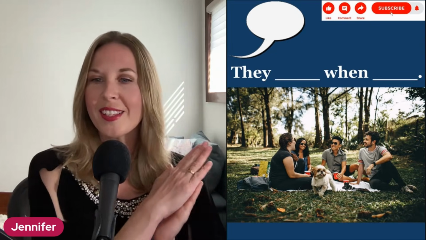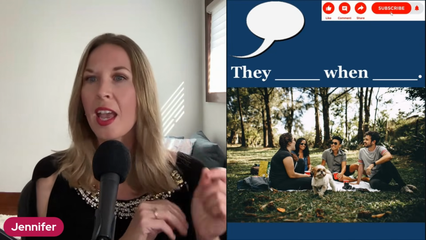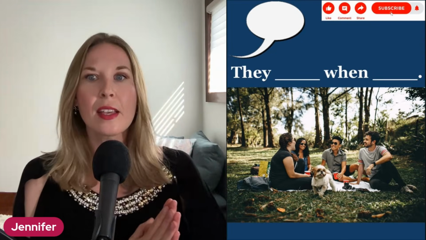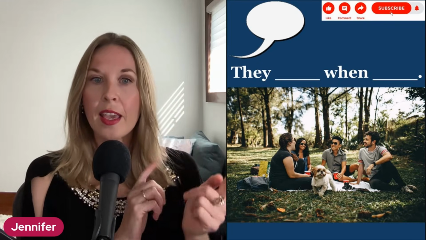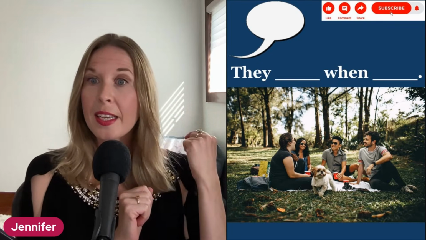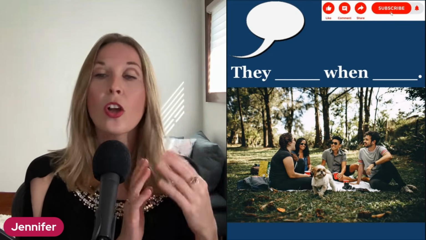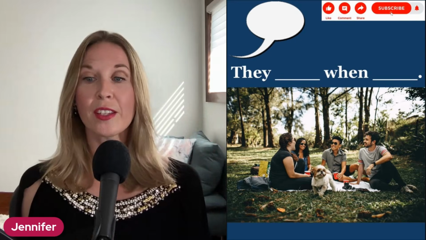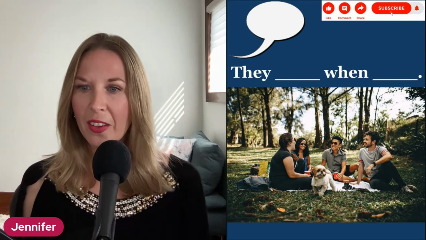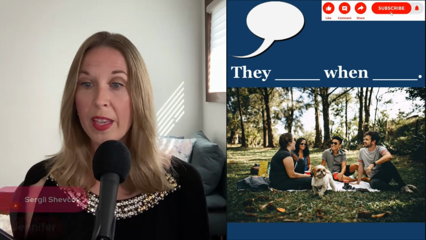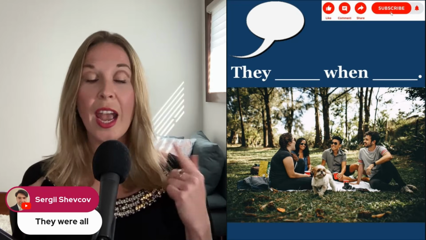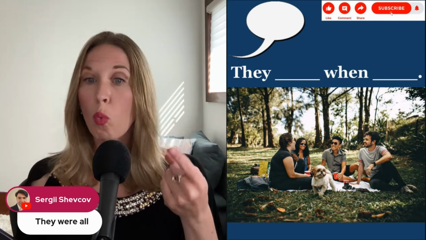Okay, so let's see an example with they. And what verb tense do we need? They, the verb to be in the past, conjugated with the subject. Let's see. Okay, yes, exactly. So Sergi has it. They were.